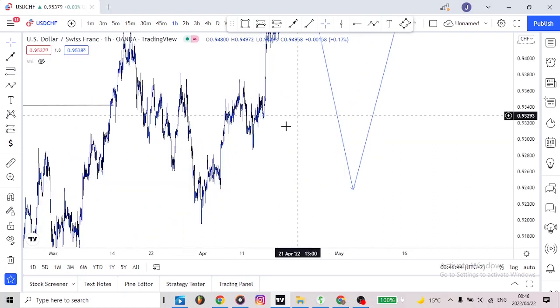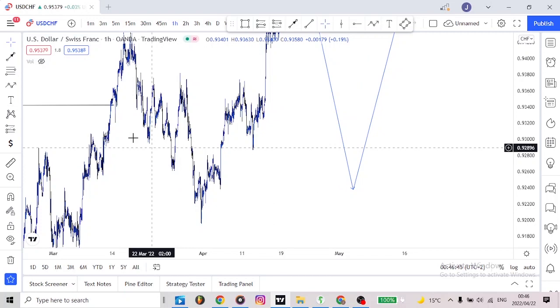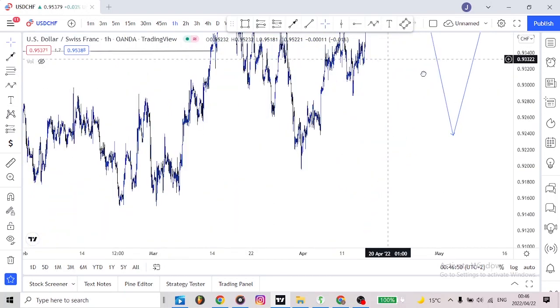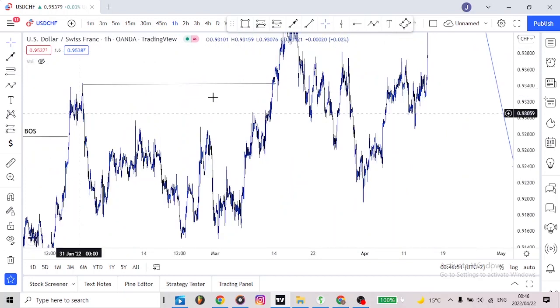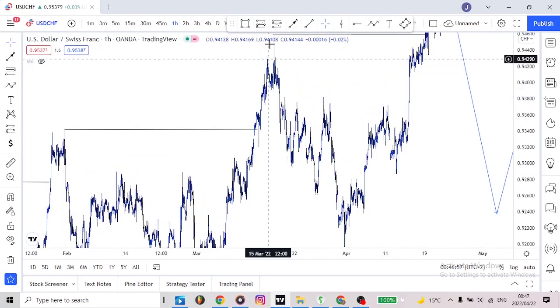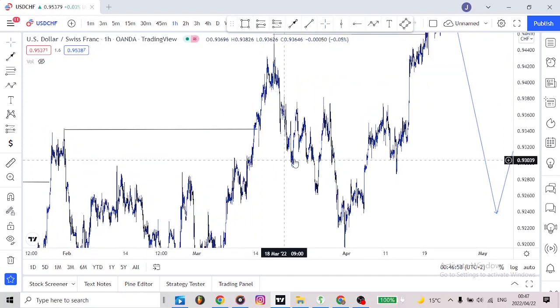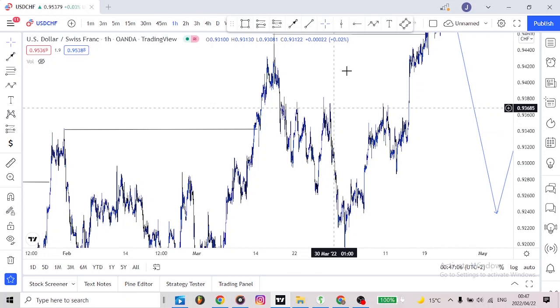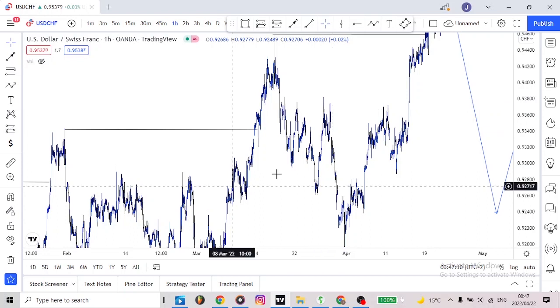So this is what I was talking about. As you can see here, we did break structure, and then we started pushing to the upside, and then we started retracing to the downside. And now this here is not a break of structure of the original trend, but a break of structure of the internal trend that we have here.